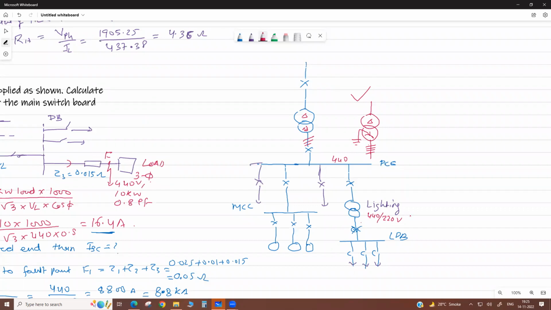Then the lighting transformer gives 220 volt, because if there is a lighting bulb rated 220 volt and we apply 230 volt, the power consumption is increased. So first, we get the desired voltage.